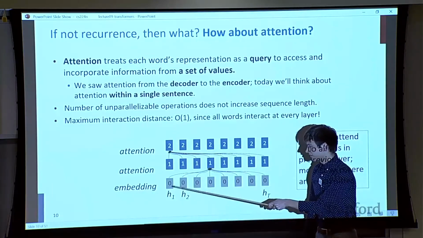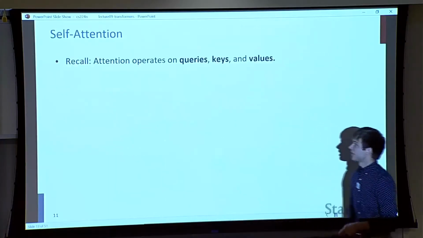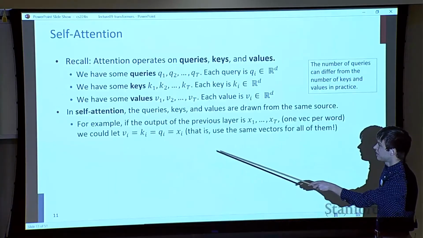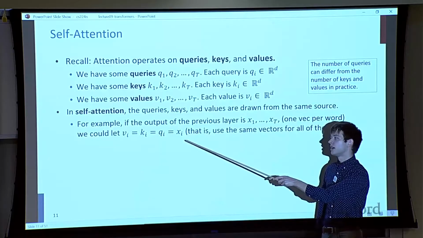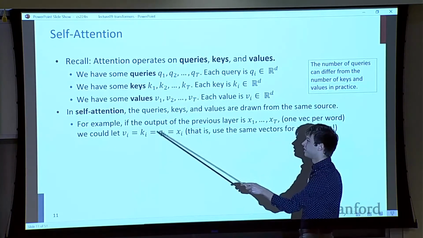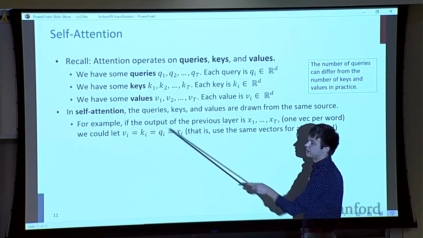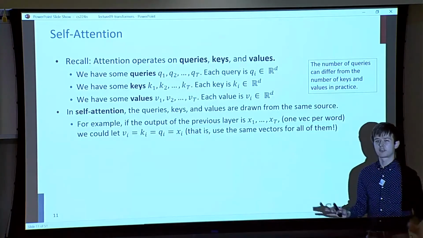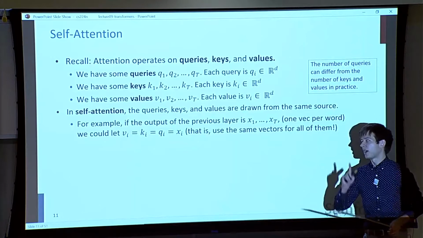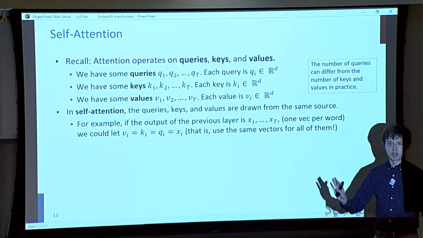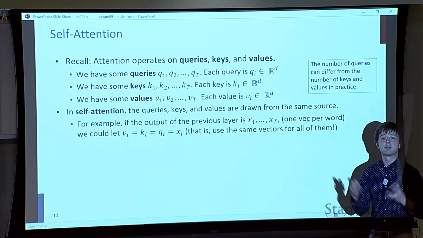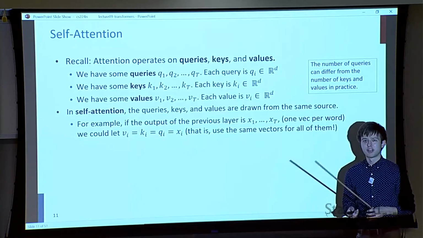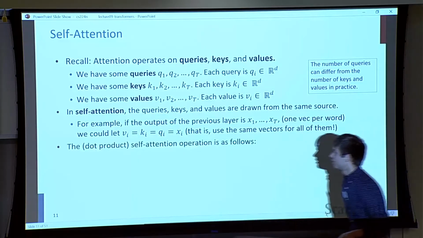Think of all of these outputs of the embeddings as some vectors xi. And now we can just say that the value is equal to the key, is equal to the query, is equal to that xi. So we're just going to use the same vectors for all of them. But labeling them as keys, queries, and values, I promise, will be very useful in how we think about what's going on and how we look at the equations that implement this.